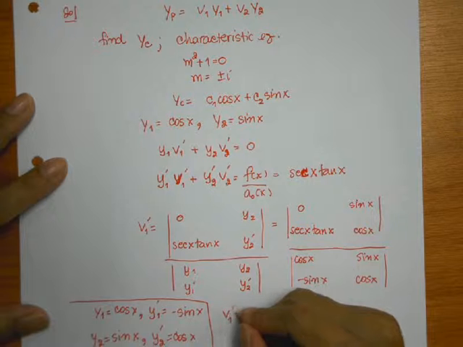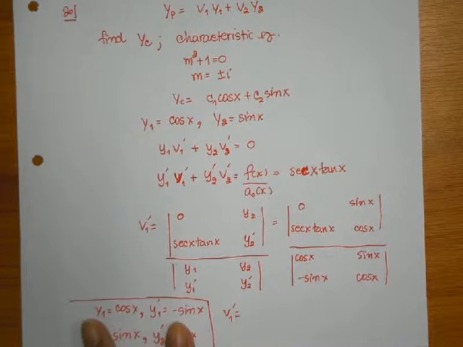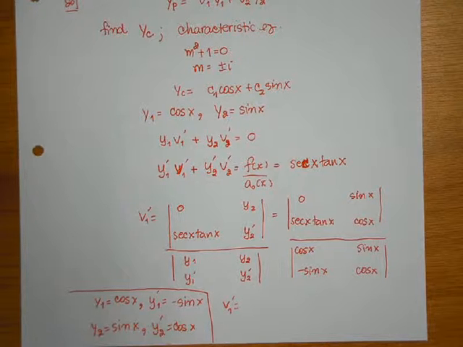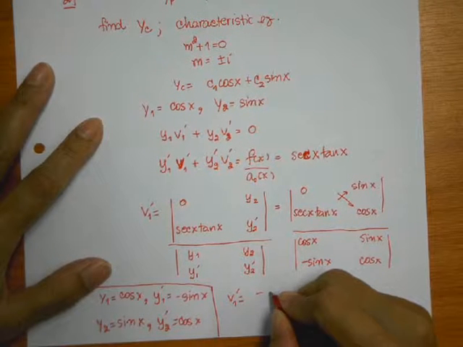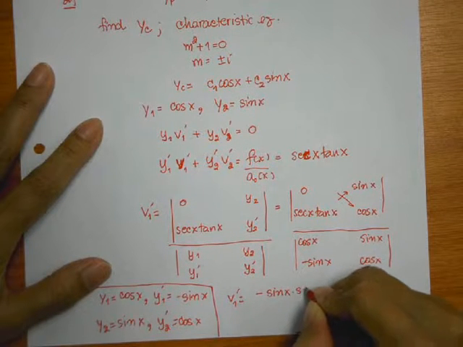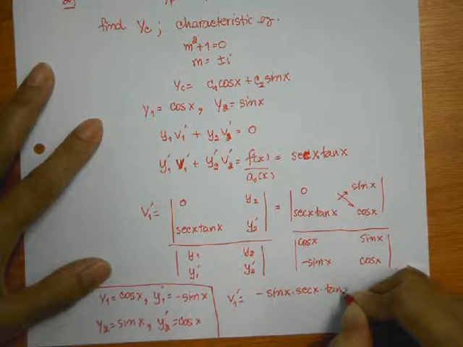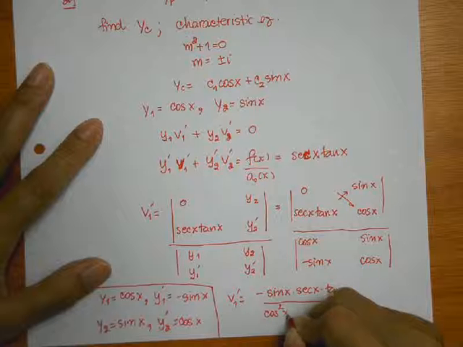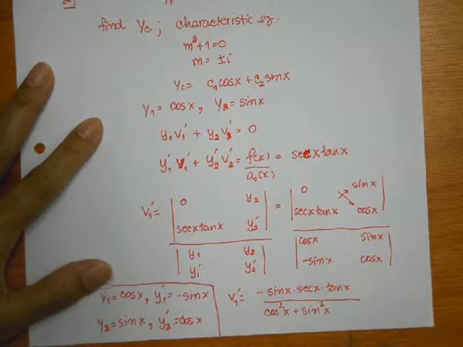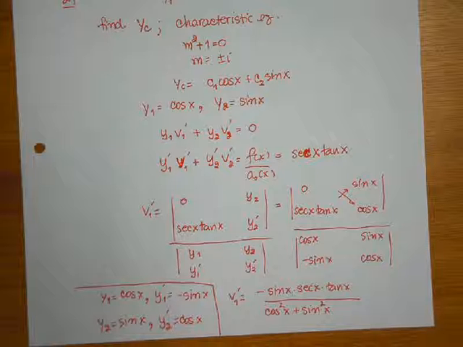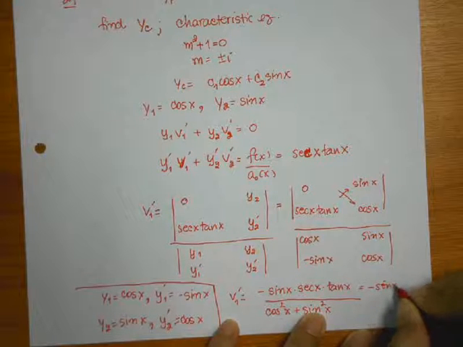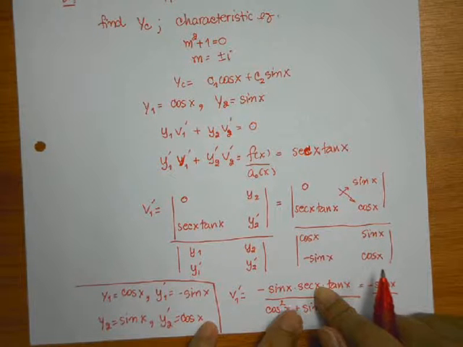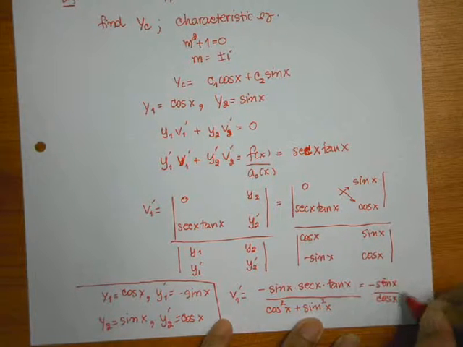So our first derivative of v1 is equal to, do the determinant, minus sine x times sec x times tan x divided by cos square x plus sine square x. Cos square x plus sine square x is equal to 1. So you would get minus sine x, sec x is equal to 1 over cos x, times tan x.